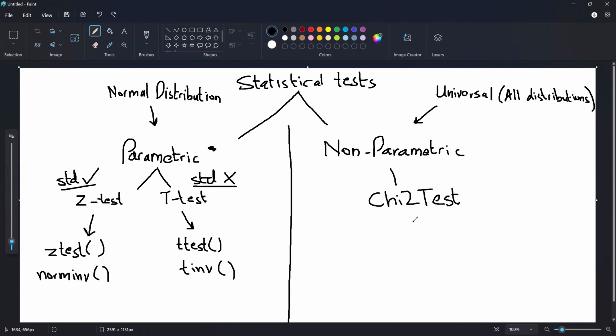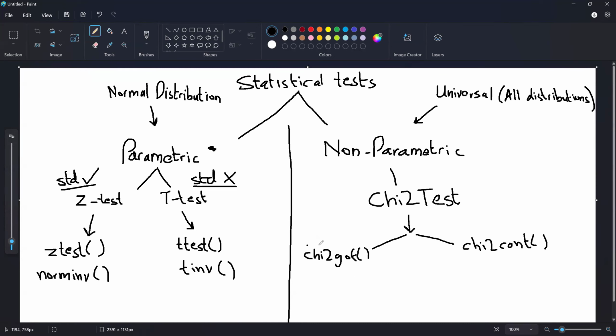So the chi-square test has two functions. The first one is G2 GOF, and the other one is contingency table.